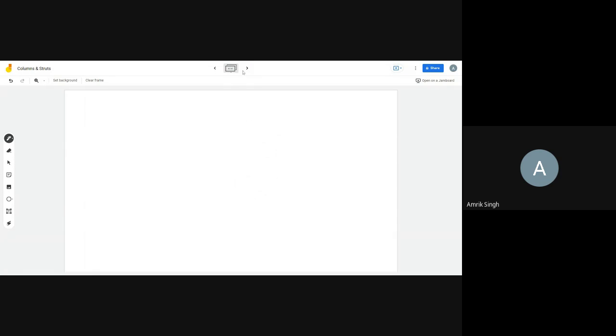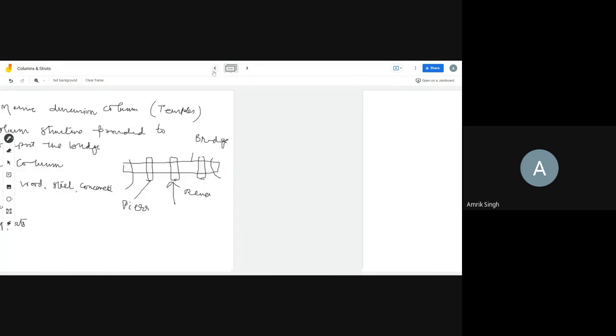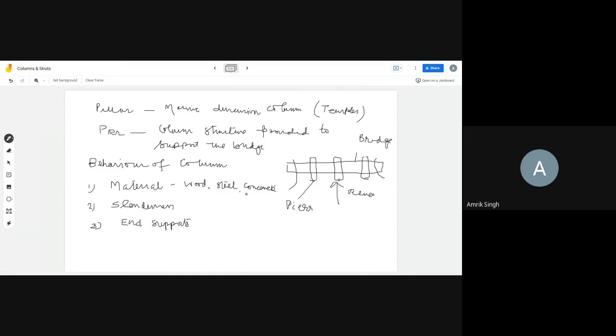A wooden column is weak, a steel column is stronger as compared to the concrete. So steel columns are very strong and they can take more load. Okay. So depending upon the application, we can choose any of the materials.